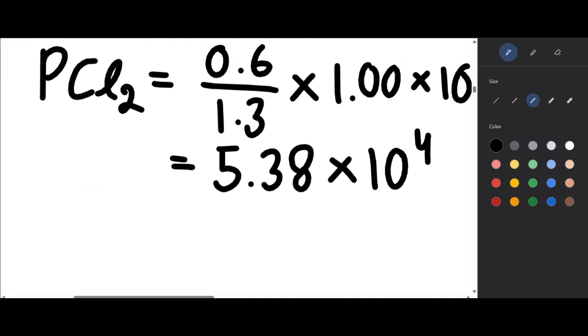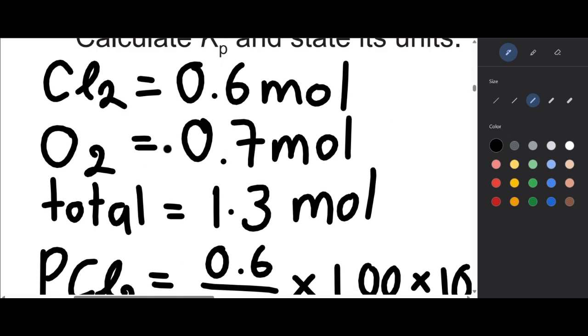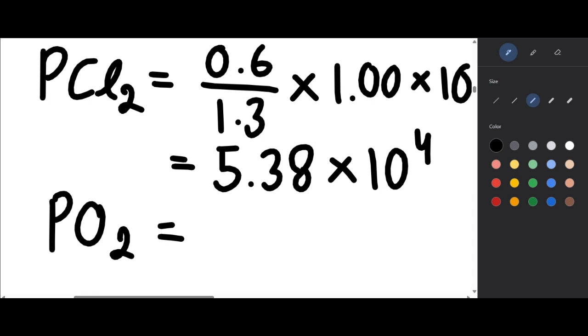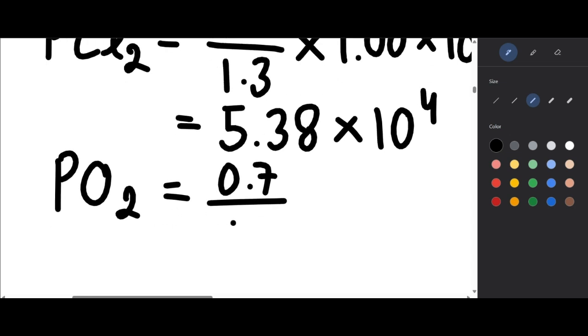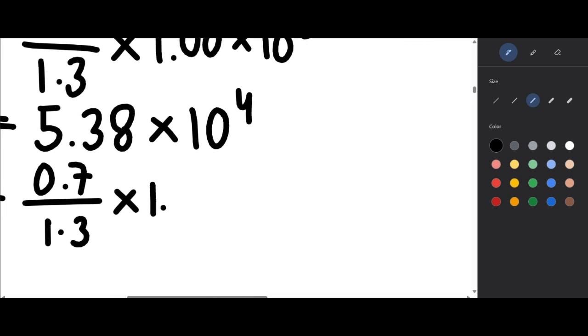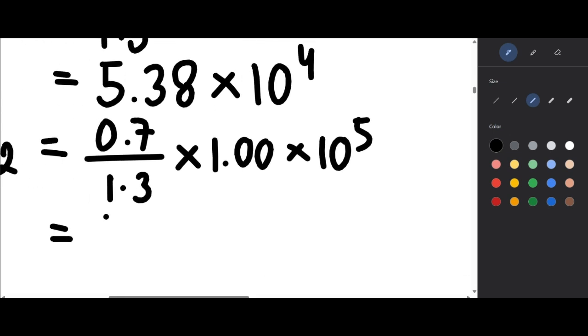And for the PO2, we know that it is 0.7 per the total 1.3 times the total pressure 1.00 times 10 to the power of 5, which is 5.38 times 10 to the power of 4.